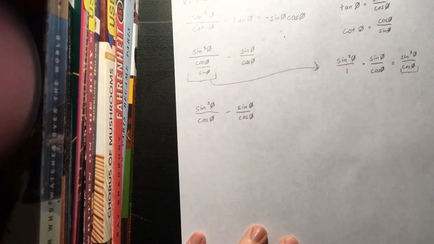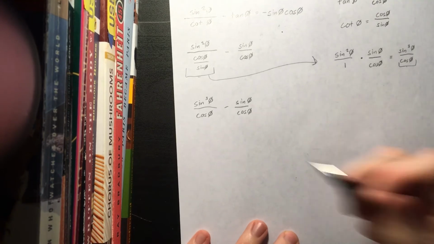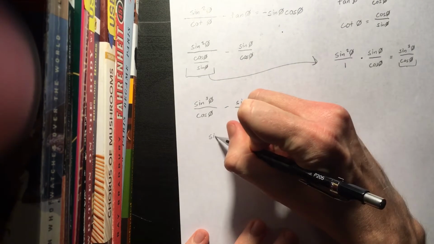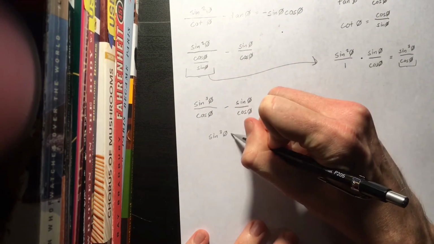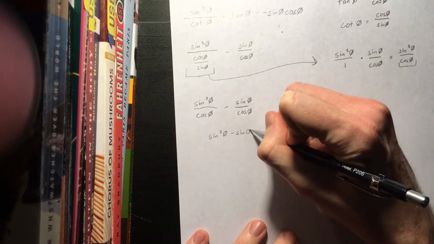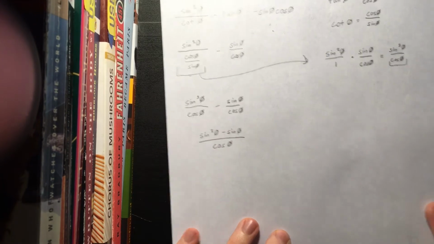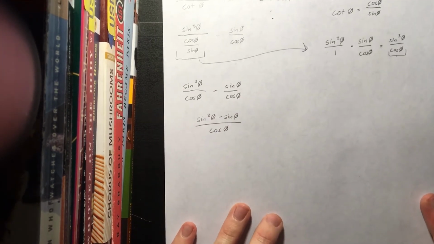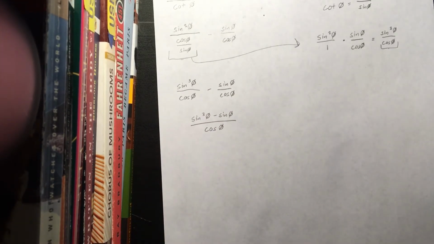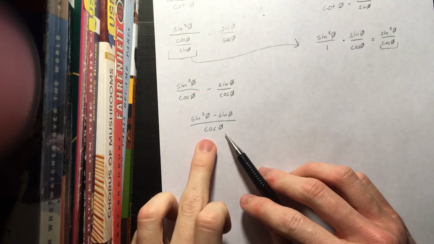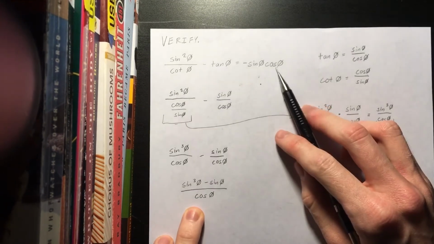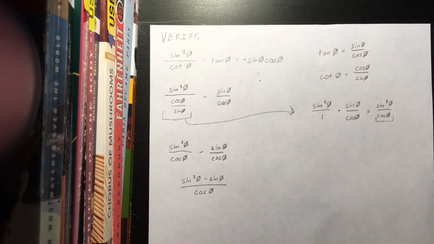And now we have the same denominator, so we can subtract them: sine cubed theta minus sine theta, and they can both go over the same denominator because they are the same, right? So here we run into a problem, and obviously this is not this, so we need to keep going.